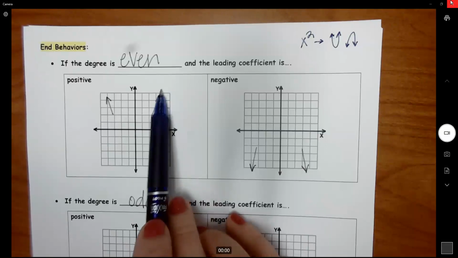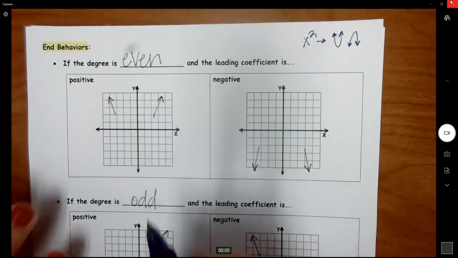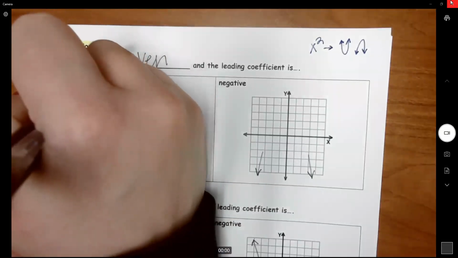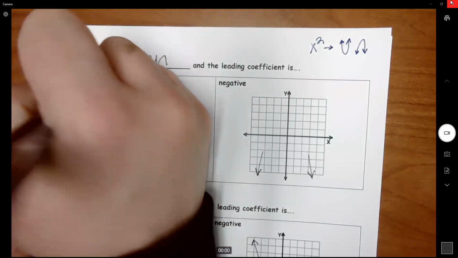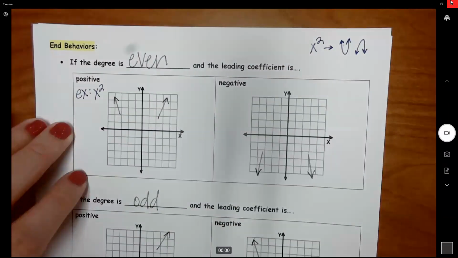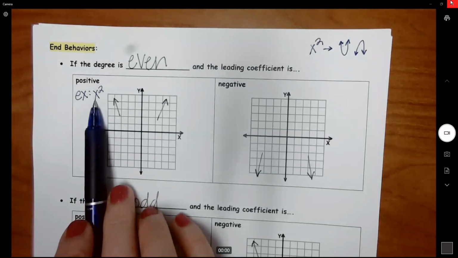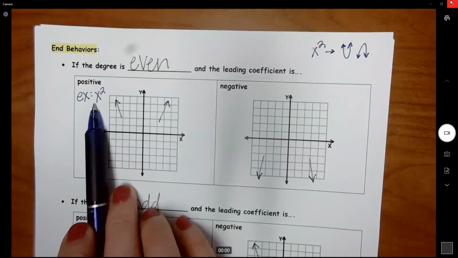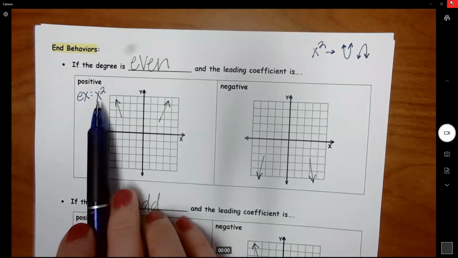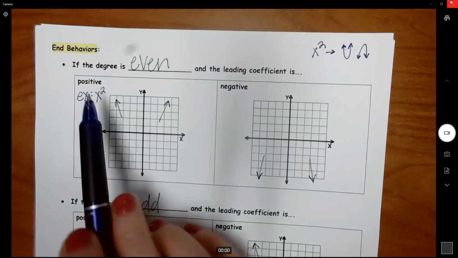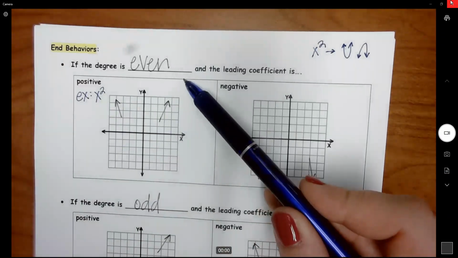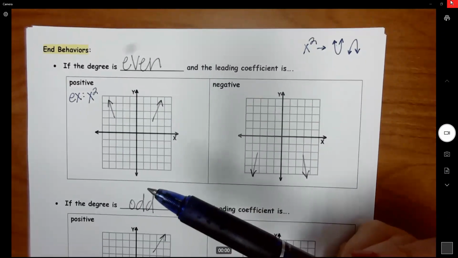Now the ending up should make sense. Again, if you have something like x squared, when you start putting in numbers, 1, 2, 3, 4, 5, what's going to happen? Those numbers are going to keep getting bigger and bigger and bigger. So it's going to end going up.